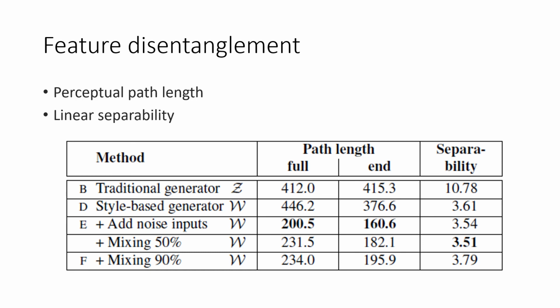Linear separability is the ability to classify the inputs into binary classes, such as male and female. The better the classification, the more separable the features are. By comparing those metrics for the input vector Z and the intermediate vector W, the authors show that the features in W are significantly more separable.